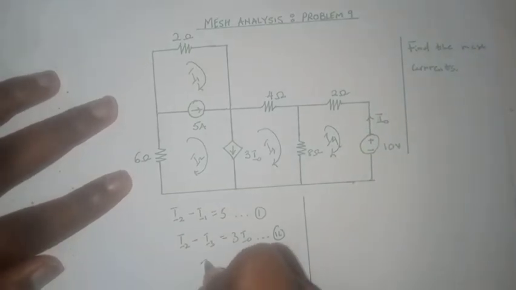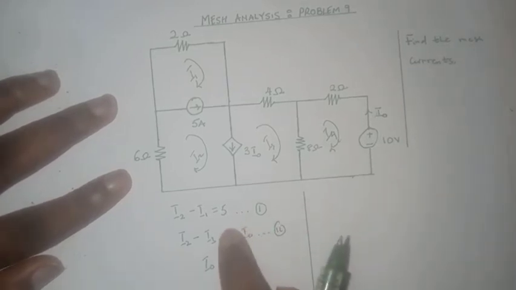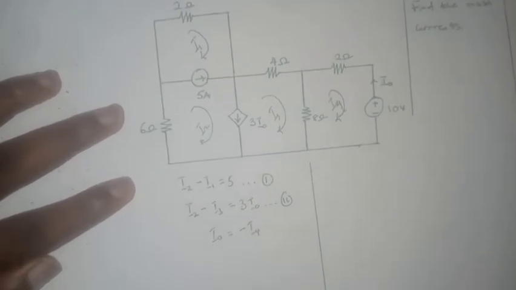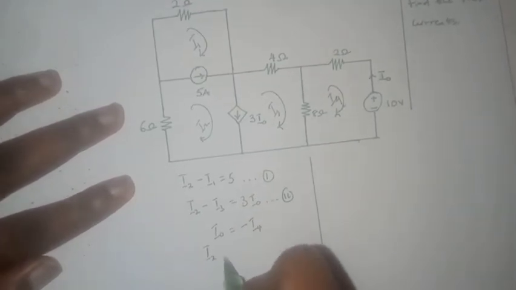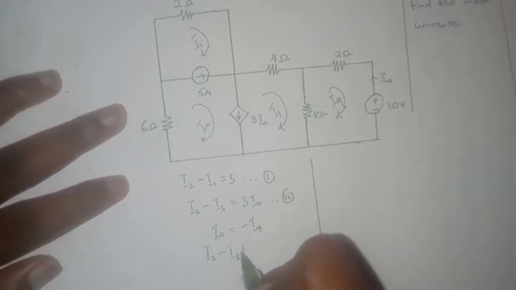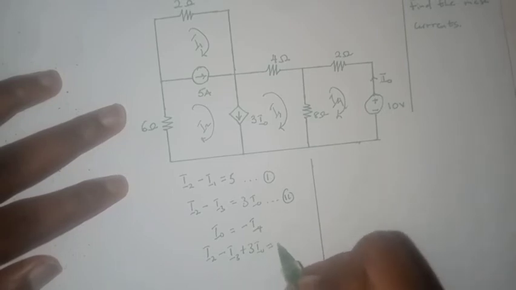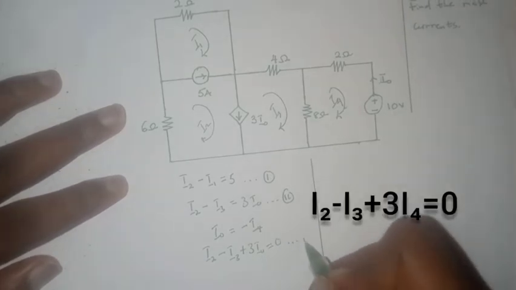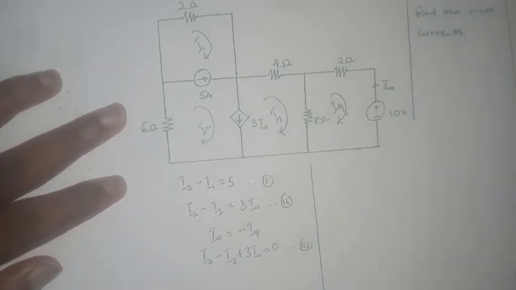So we know that I naught equals minus I4. We can then put this in the equation, and we will know that I2 minus I3 plus 3I4 equals 0. We can call this a third equation, although it is just a simplification of the second equation.